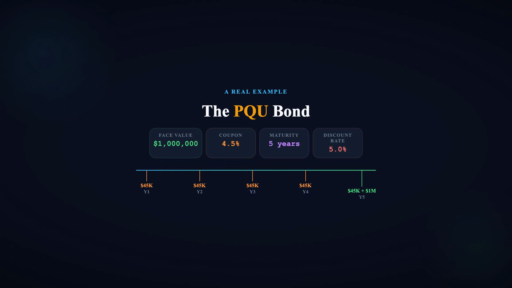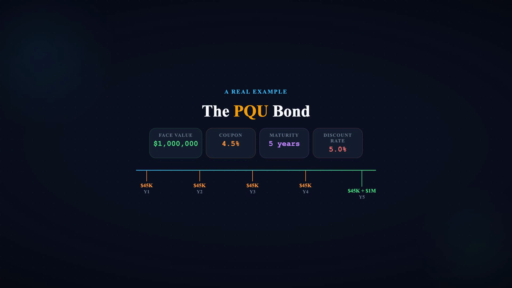Year 1. 45,000 divided by 1.05. That is 42,857. Year 2. 45,000 divided by 1.05 squared. That is 40,816. Year 3. Same coupon divided by 1.05 cubed. 38,872.